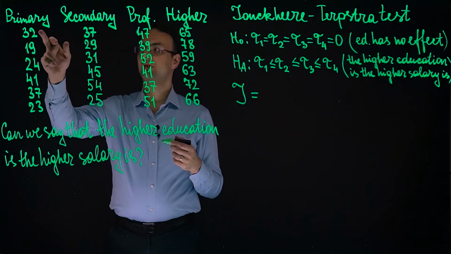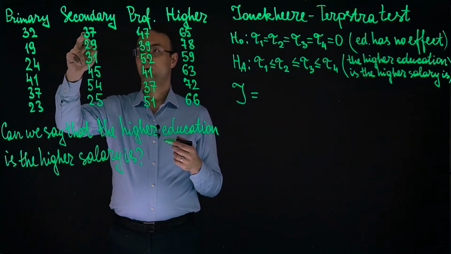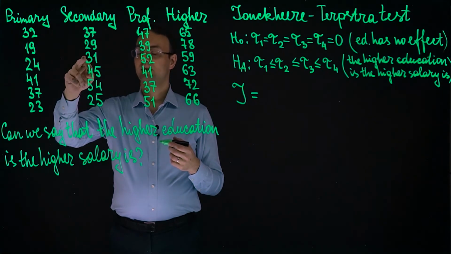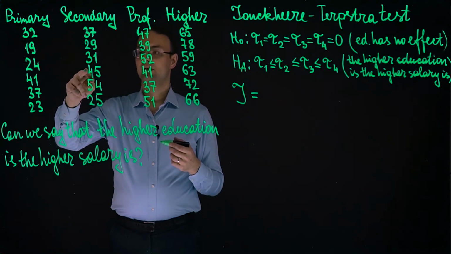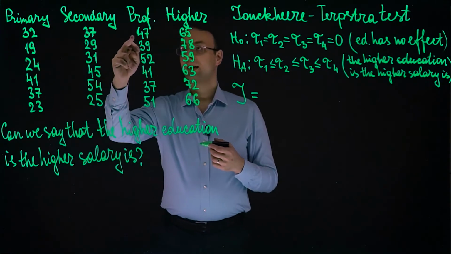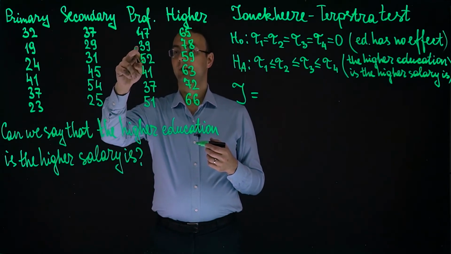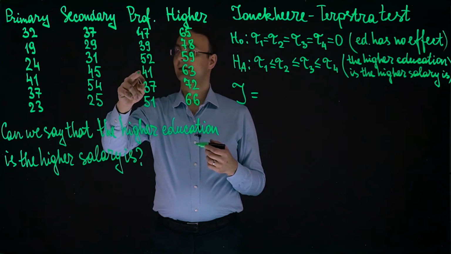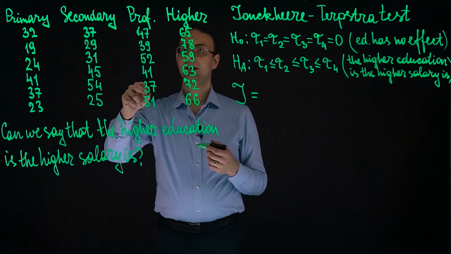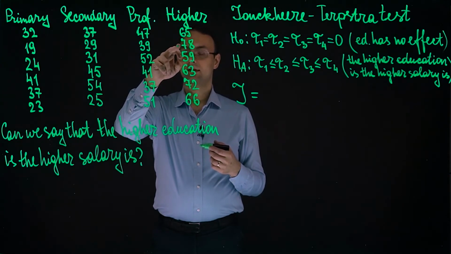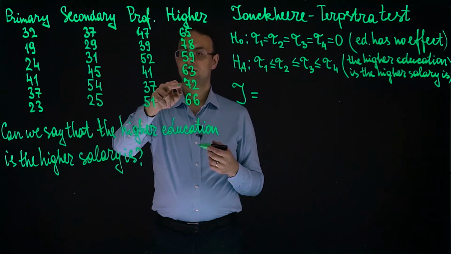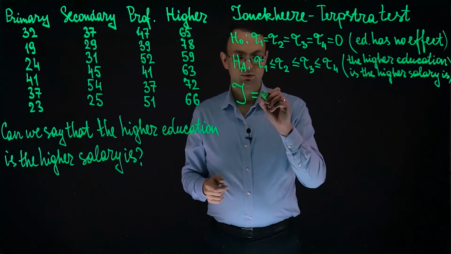So let's start with this. 32: less, 1; greater; greater; less, 2; less, 3; greater; less, 4; less, 5; less, 6; less, 7; less, 8; less, 9; less, 10; less, 11; less, 12; less, 13; less, 14; less, 15. So 15.